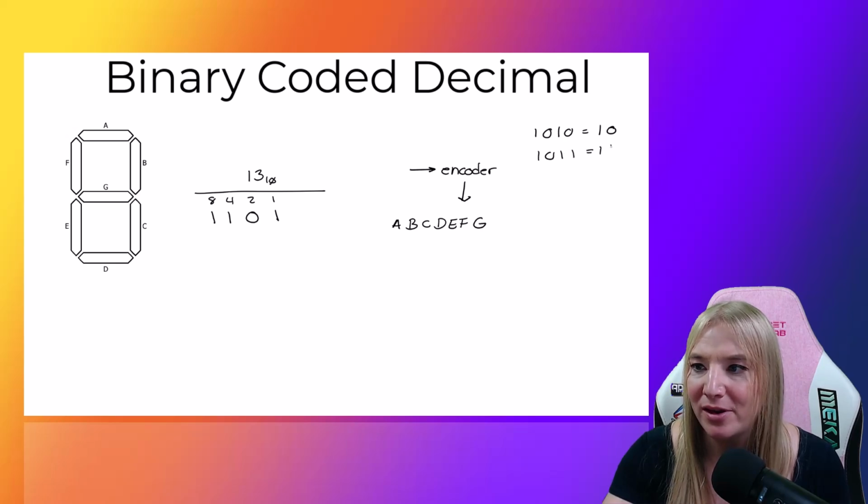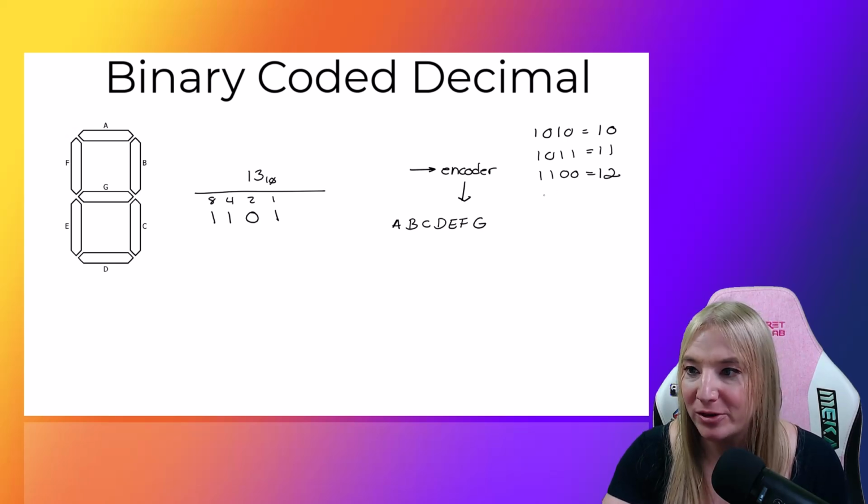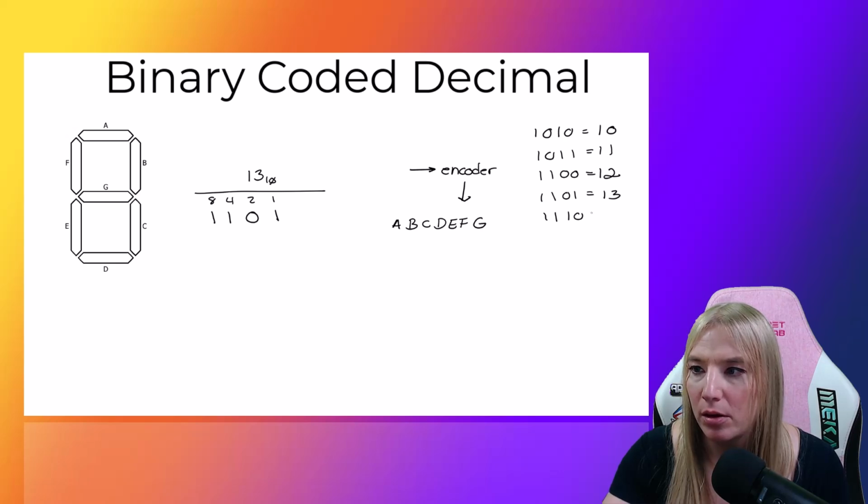That would be 11. Any of these patterns that I'm putting up right now are non-existent here. 13 would look like this, which would give us 13 in decimal. 14 is going to look like this. That's going to be 14. And then 15 is going to be like this.